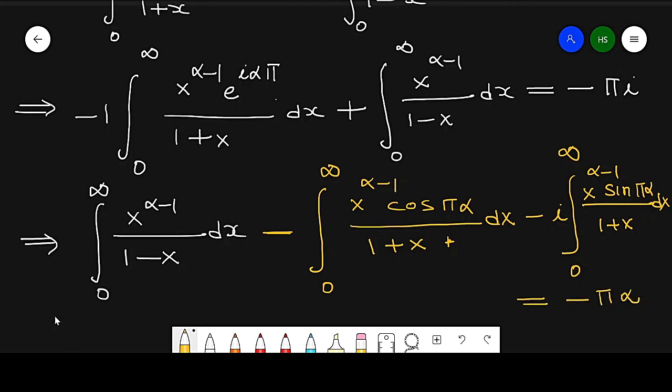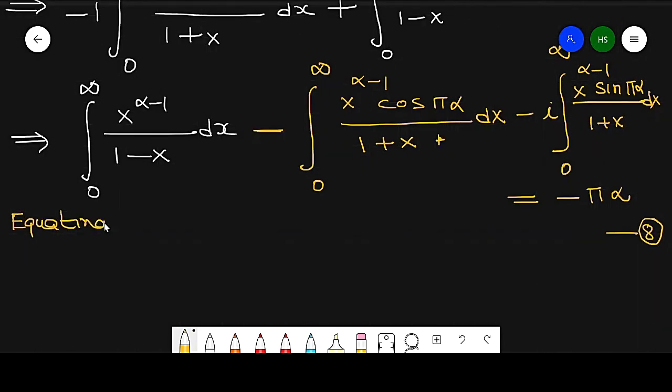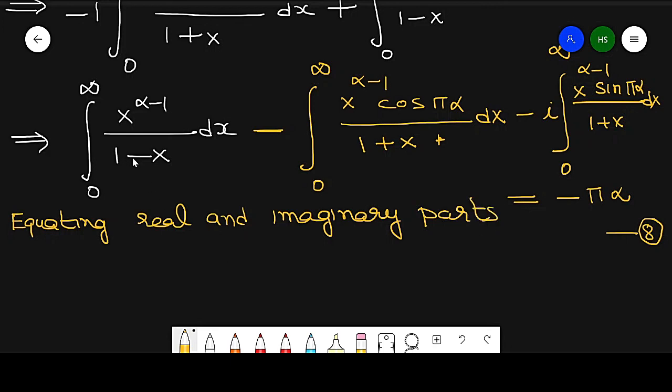Now here, equating real and imaginary parts. If I write this equation as equation number 8, then equating real and imaginary parts, what I get is: this is a real part, this is a real part, and this is an imaginary part.